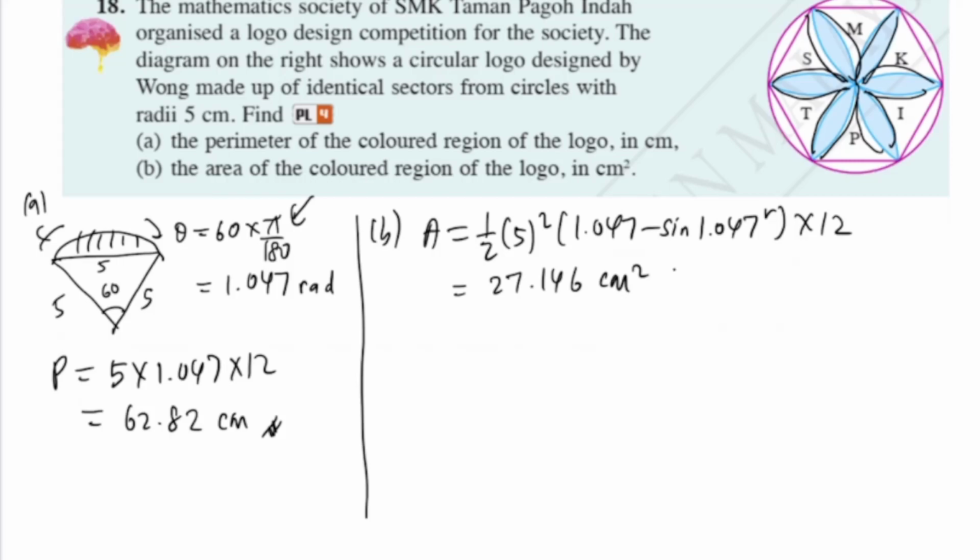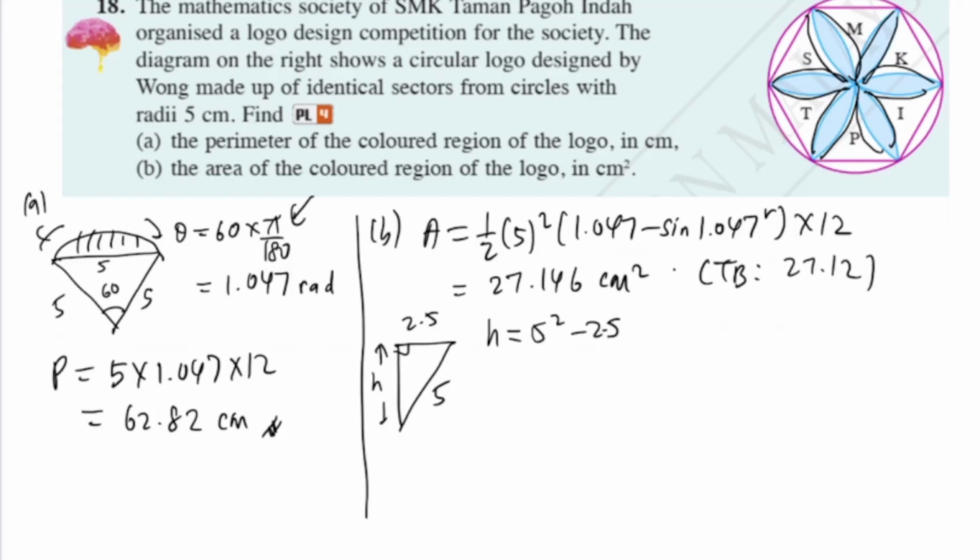The thing is the textbook answer is 27.12. I guess again the textbook will split this into 2. So if this is 5, this is 2.5. We can find the height of the triangle here. The height is the square root of 5 squared minus 2.5 squared, you should get 18.75.